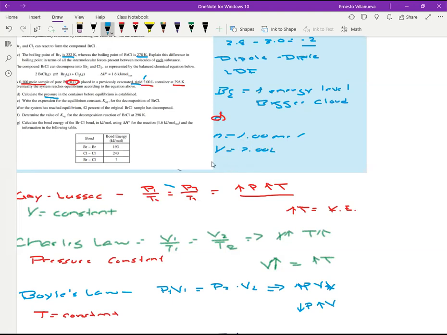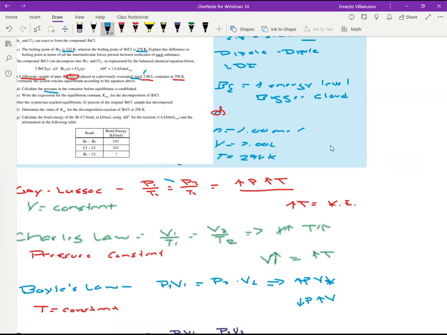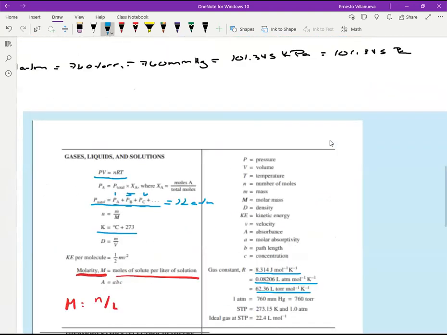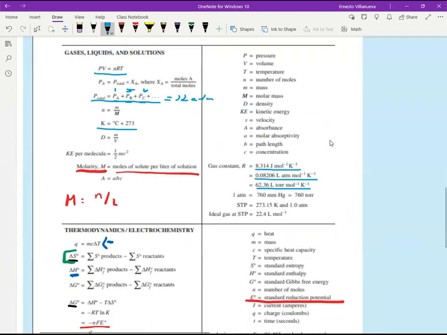And then we have a temperature at 298 K. So we have moles, liters, Kelvin.